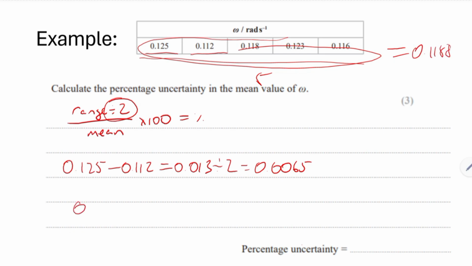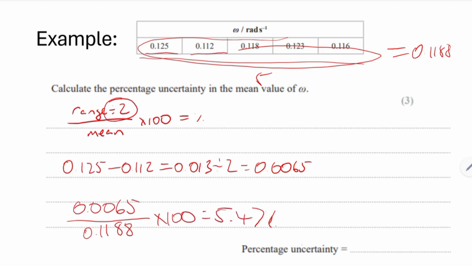And so you do 0.0065 over 0.1188, and you do that times 100. When you do all of that, you will get 5.47%. And there you have it.